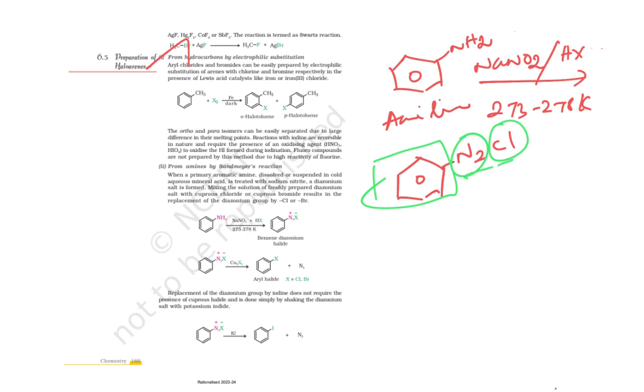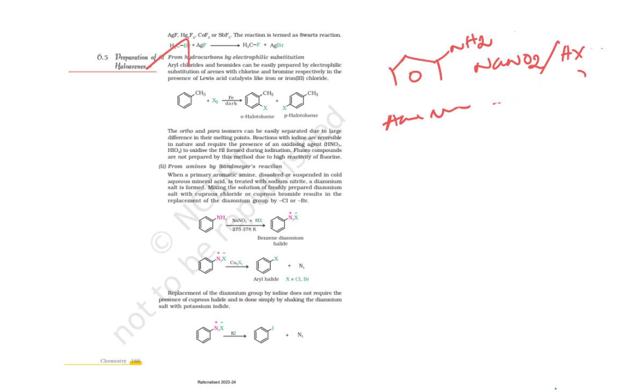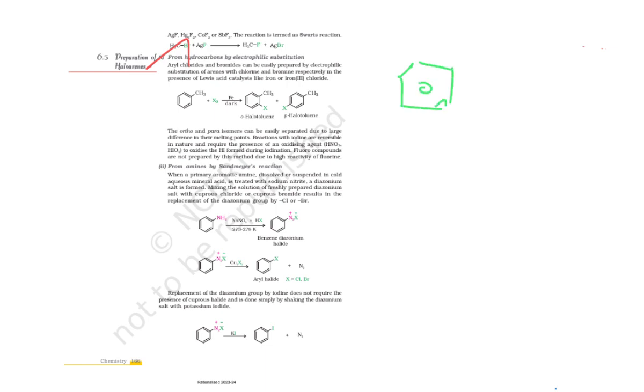Clear? Right. This benzene diazonium chloride reacts with halides in the presence of a catalyst. This is going to react with cuprous halide, Cu2X2, and form the haloarene, right?